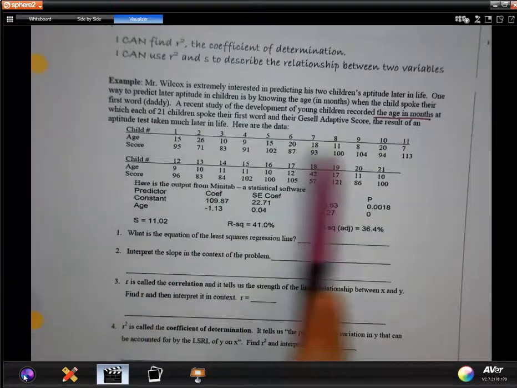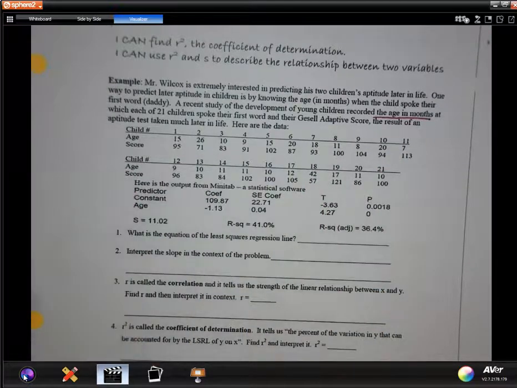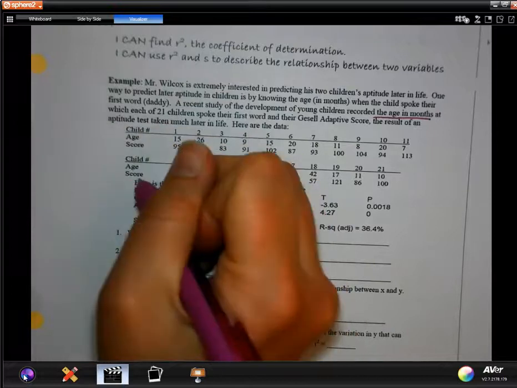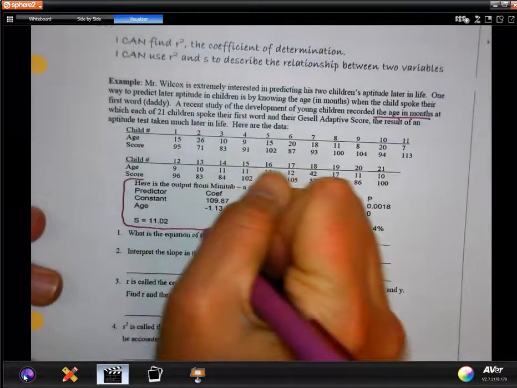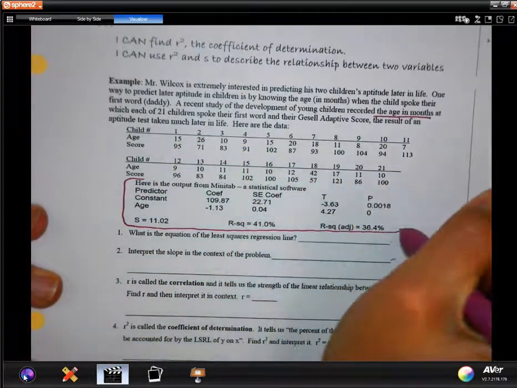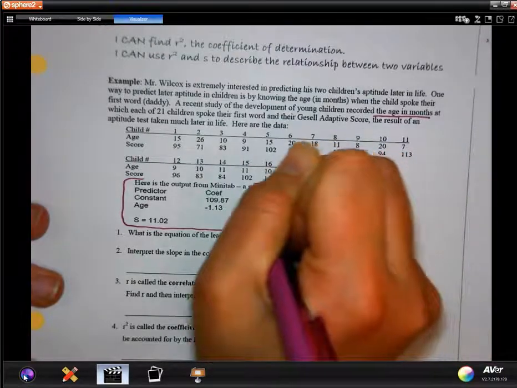So their age in months and then their score. And then down below is the software output that we talked about yesterday. The software is called Minitab.